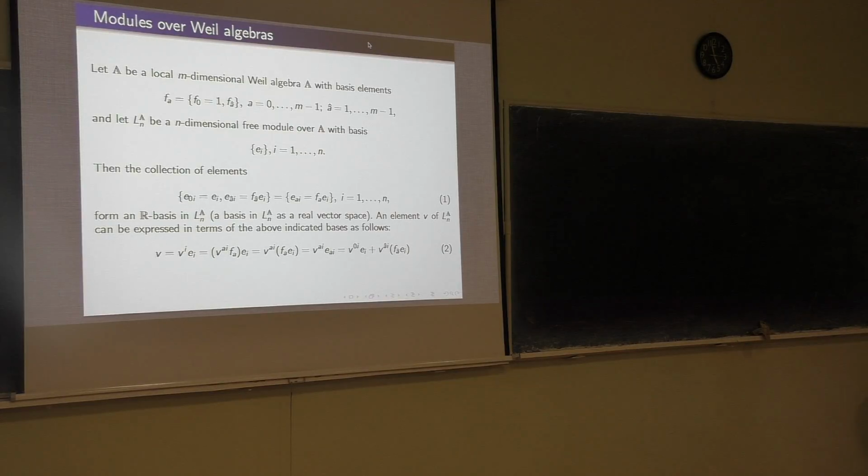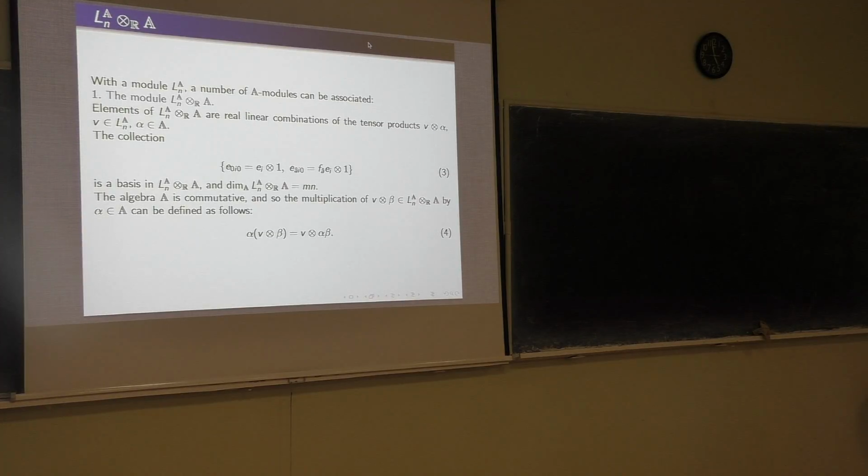And let LA be an n-dimensional model with this basis. So we have the basis in this module, as a real vector space, and here you can see the representation of an arbitrary element from LA.